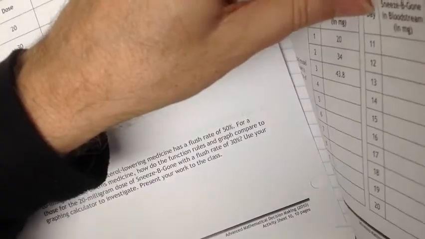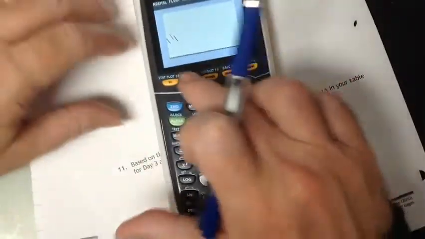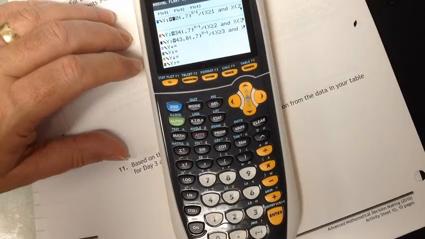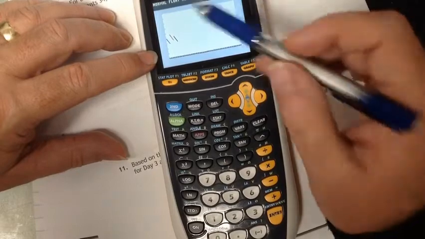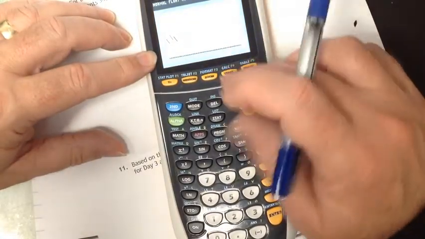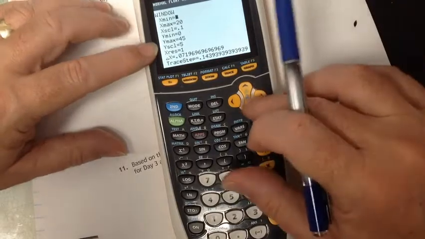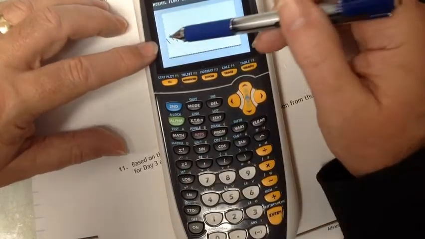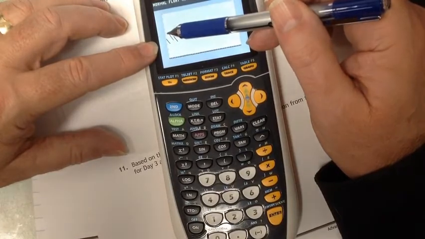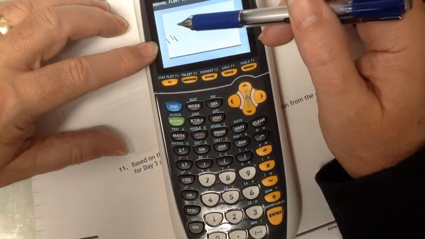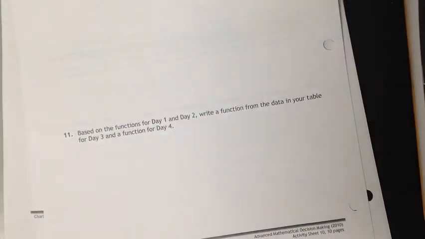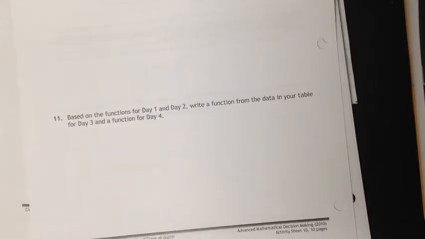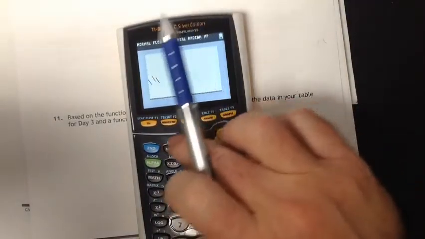I don't think that's right either. What's wrong here? 34 and then 43.8. No, that looks right. Something's wrong here.